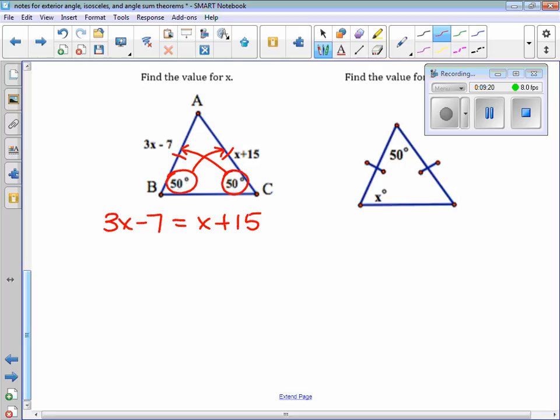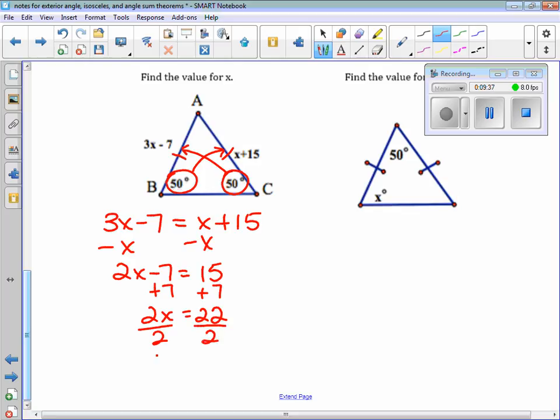And now I solve the equation. So I found the value of x equals 11.